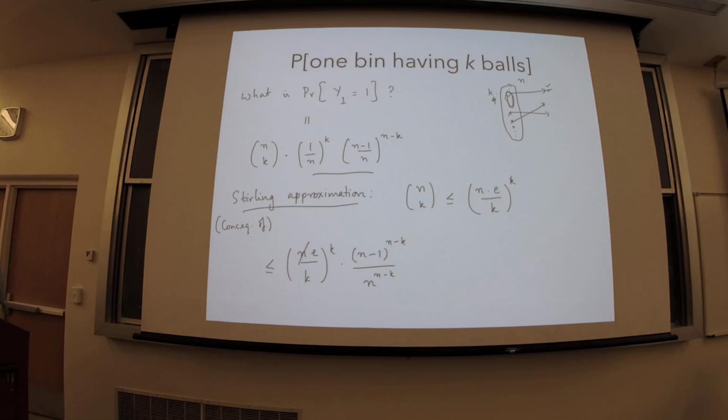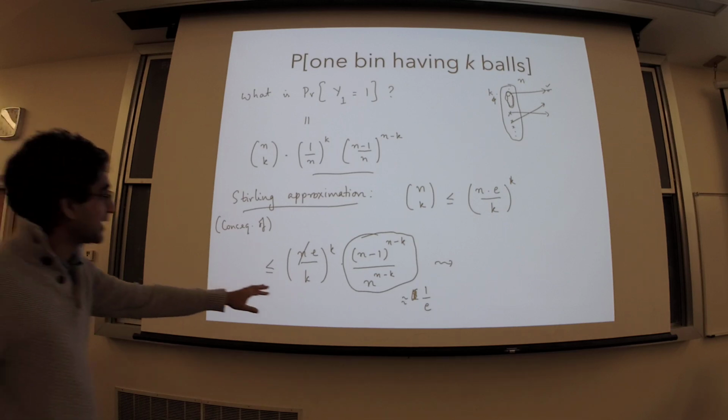This term, like he observed, let's approximate it by saying that this is less than or equal to 1 by e. Actually it's not less than or equal to, but let's say it is approximately this. Let me be a bit hand wavy here.